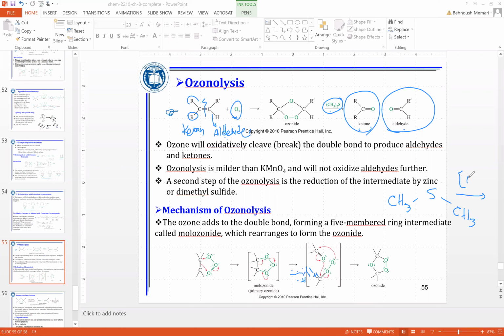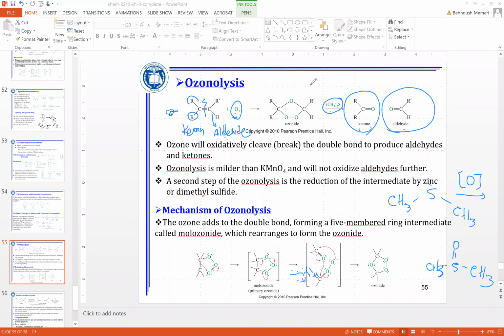After gaining oxygen, you see, ozone has 3 oxygens. 1 oxygen would go to the right side, 1 oxygen to the left side, and the 3rd oxygen is going to oxidize the dimethyl sulfide, and with the oxidation it changes to dimethyl sulfoxide. So you have some kind of reducing agent here, or a solvent, that is going to remove the extra oxygen.